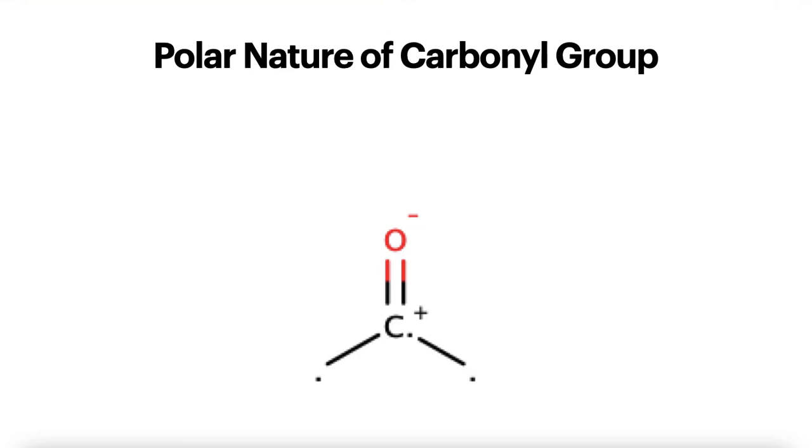The electrons of the pi bond of the carbonyl group are not equally shared. In fact, they are pulled towards the more electronegative oxygen atom. As a result, the bond is polarized, with the oxygen atom carrying a slightly negative charge while the carbon atom acquires a slightly positive charge.